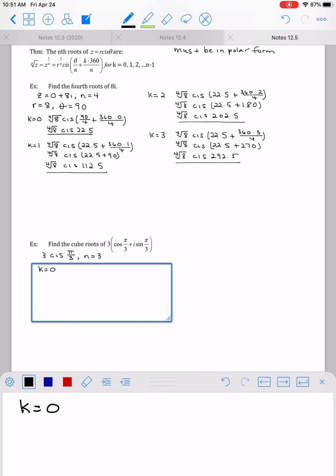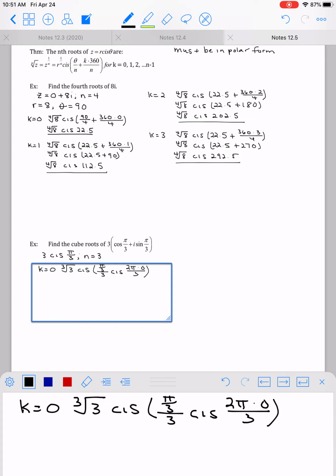So remember, cube root of 3 cis. Now I'm going to take my original angle, which is pi over 3, and divide by 3, and then I'm going to write the word cis, and instead of 360, because we're in radians, it's 2 pi times 0, and then we divide by our root, which is 3.